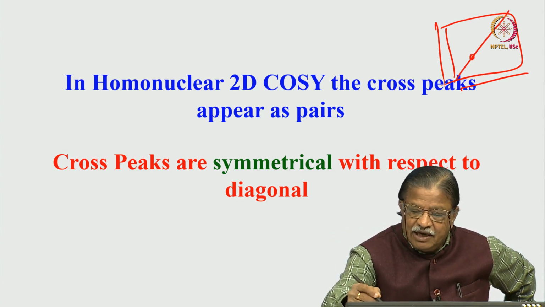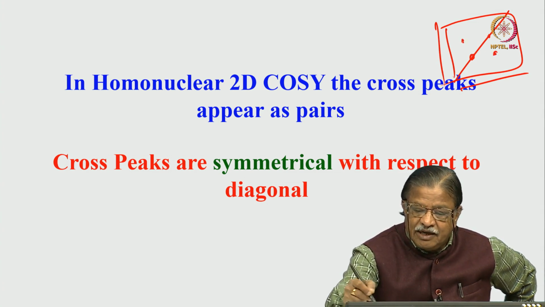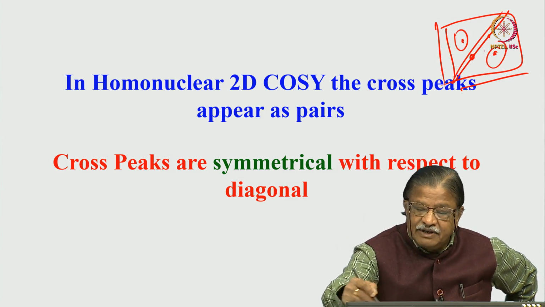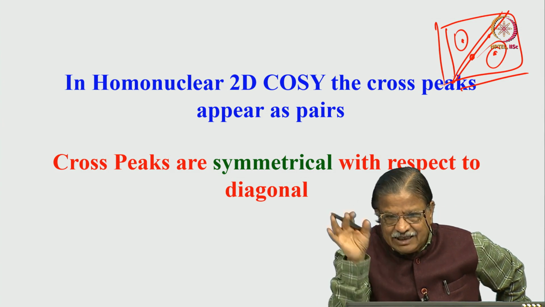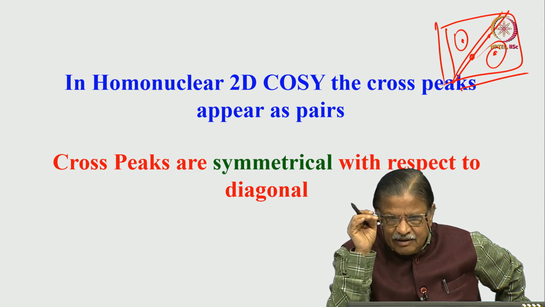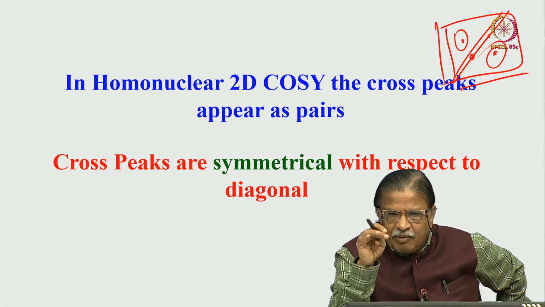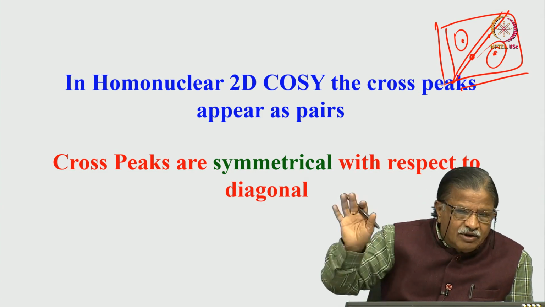If a cross peak comes here, another comes here, because the interaction is mutual. So the cross peaks are always symmetric with respect to the diagonal, and they appear as pairs. This is an important property of homonuclear 2D COSY. Remember, it is homonuclear. For heteronuclear, it won't be like this.